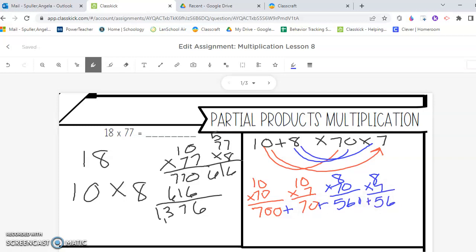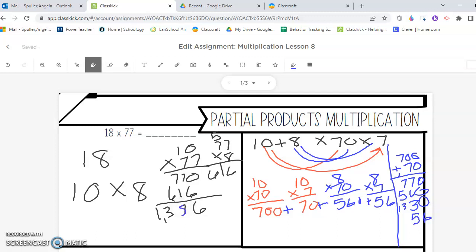Okay, so 770, I'm going to add them. It's going to get me 770. Then I have to add 560. Let's make a line here. It's going to get me 1,300. Then I have to add 56 here.